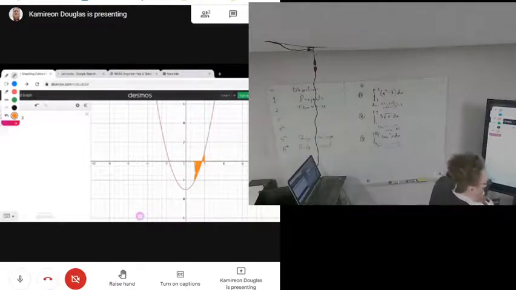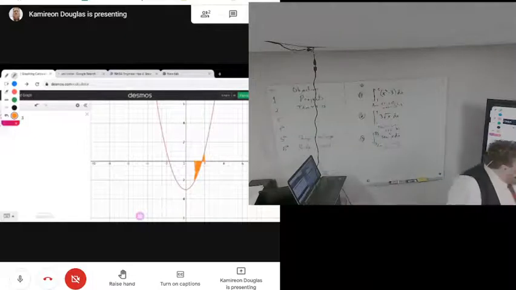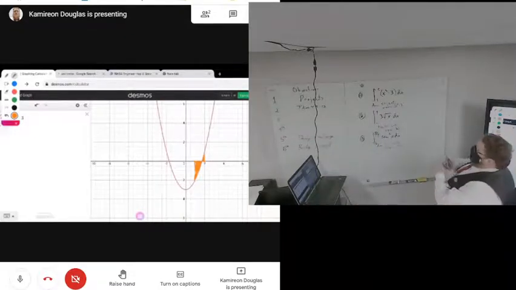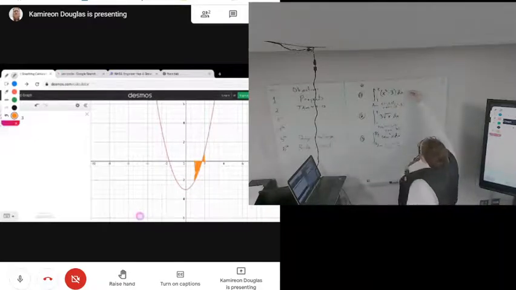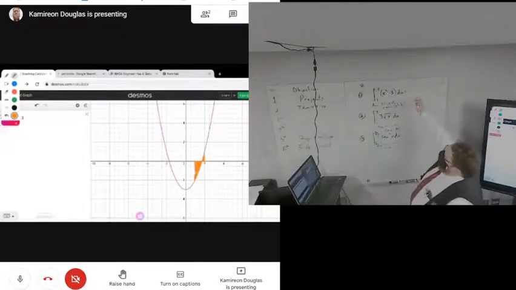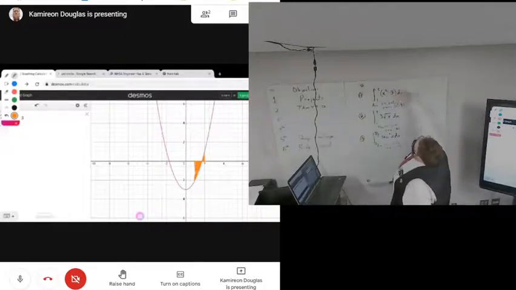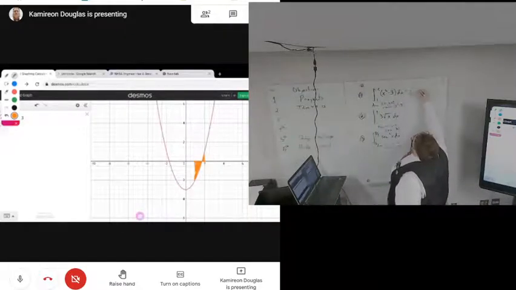It does require the ability to graph the function though, so let's now find a solution. We'd start by integrating the function x squared minus 3. I'm going to use the standard power rule, which states that you add 1 to the power, then divide by the new power. So x squared becomes x cubed divided by 3. The negative 3 becomes negative 3x.